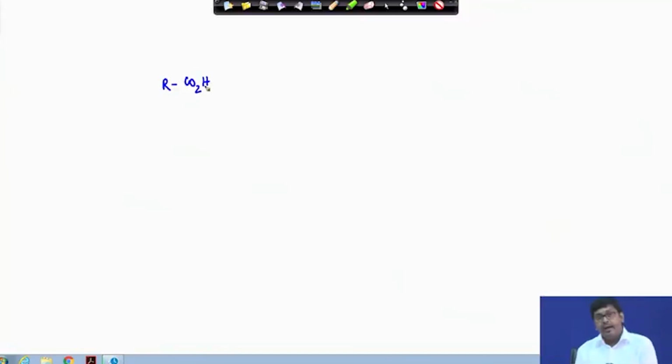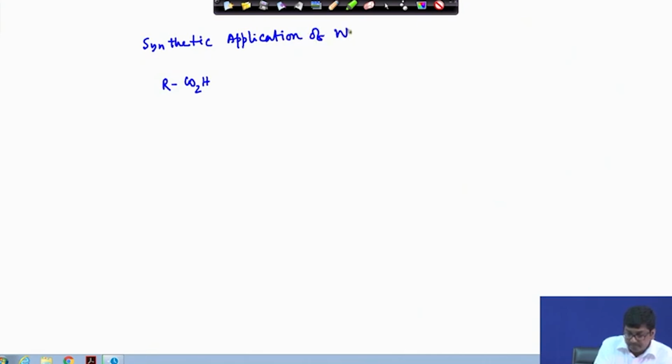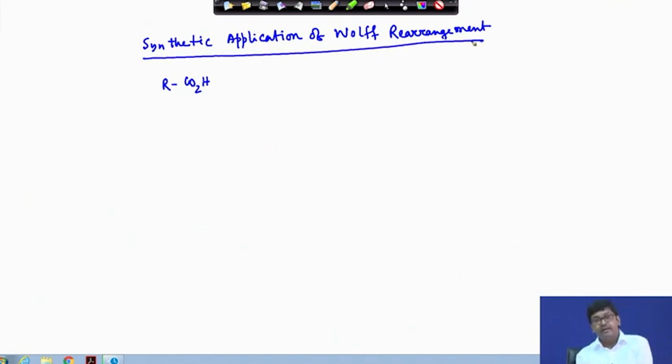So, now if we start with a carboxylic acid, and we want to see the most important synthetic applications of the Wolff rearrangement, let us say we have started with this carboxylic acid.